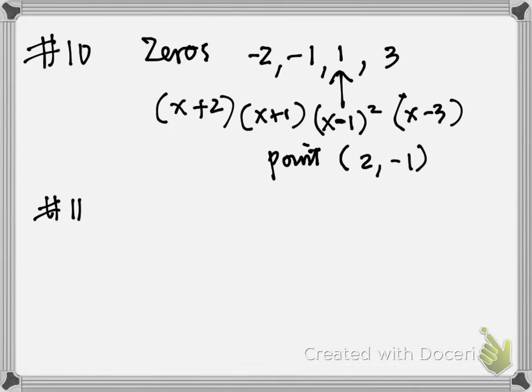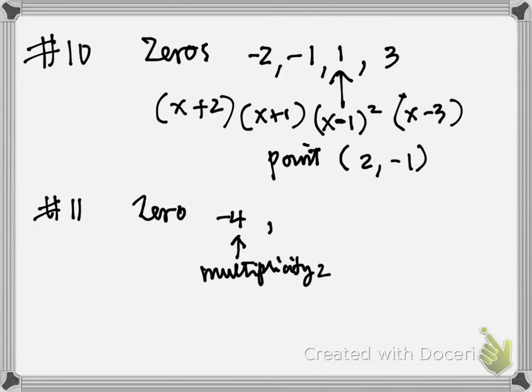Number 11, this is going to be quartic. I see a 0 at negative 4 where it bounces, so this has multiplicity 2. There's another root which is 3, and again the multiplicity is 2 because our graph bounces there.